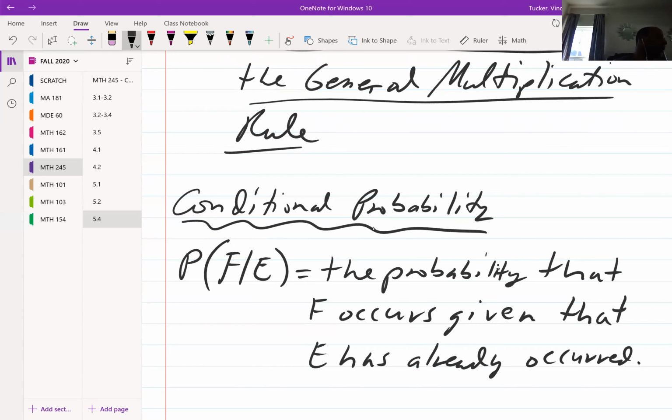The probability of F given E reads the probability that F occurs given that E has already occurred.